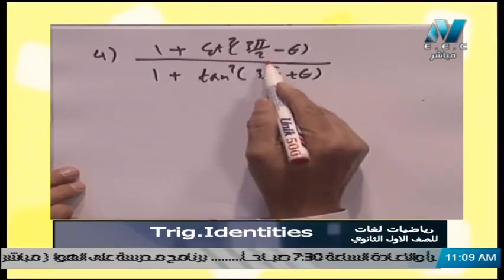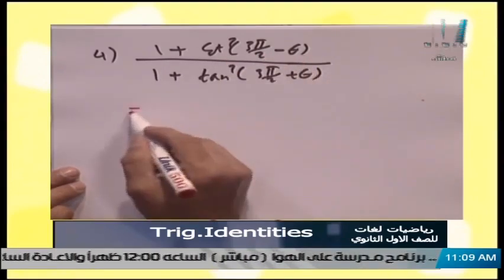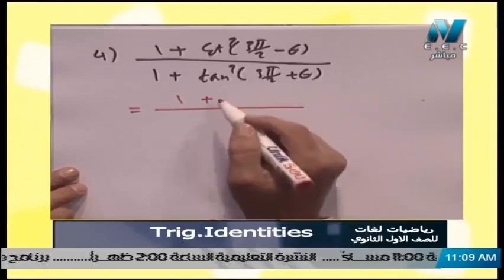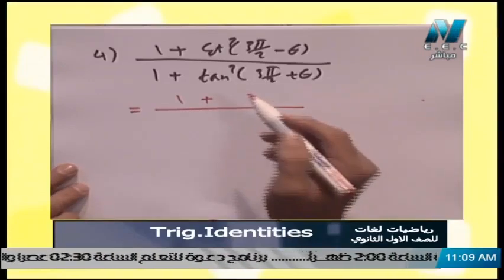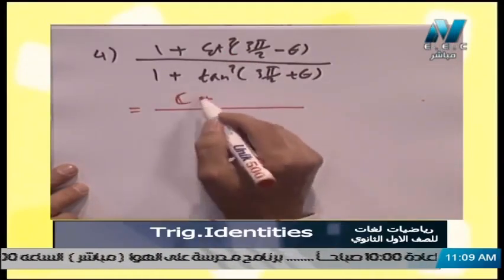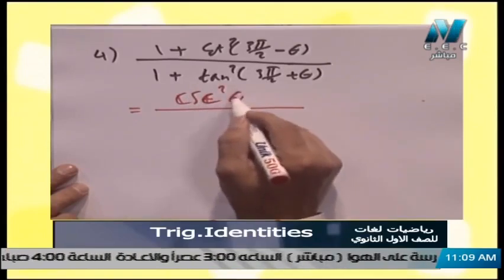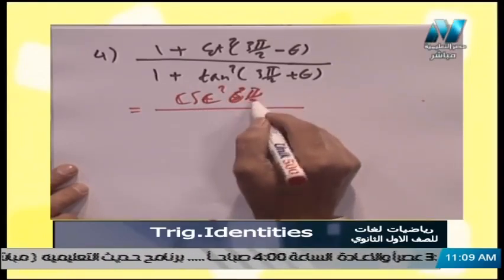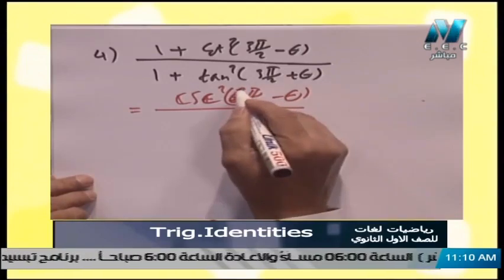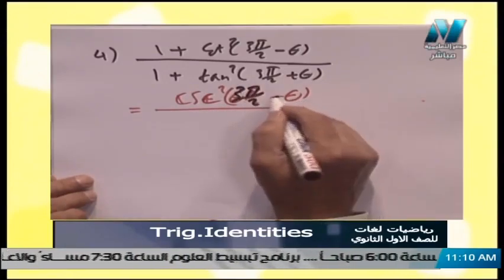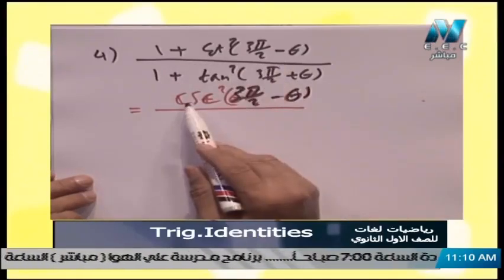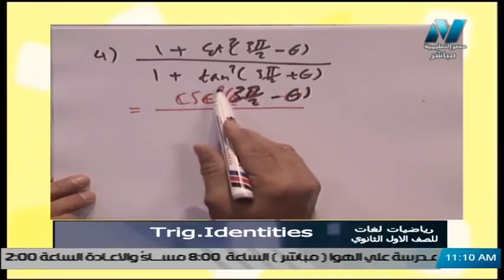Let's write it carefully. We know that 1 plus cotan power 2 theta equals cosec power 2 theta, and 1 plus tan power 2 theta equals sec power 2 theta.